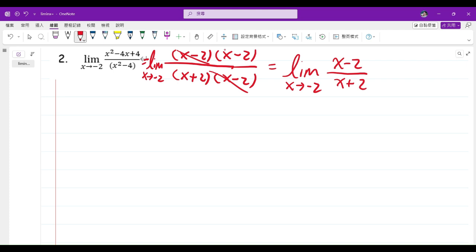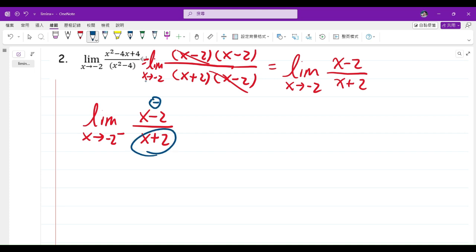Okay, remember, when you check the limit, always check the left side and the right side. So here we check when x approaches negative 2 from the left side. x minus 2, x plus 2. For the numerator, because x is a negative number, minus 2 will be negative.